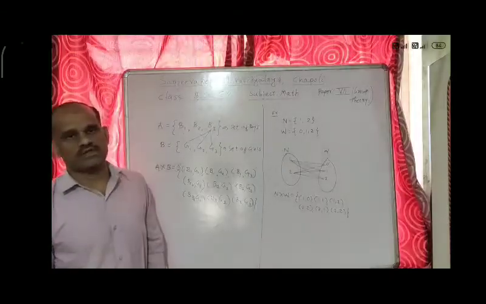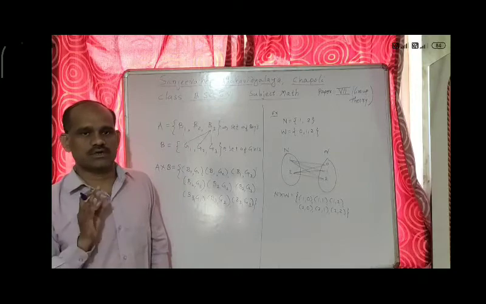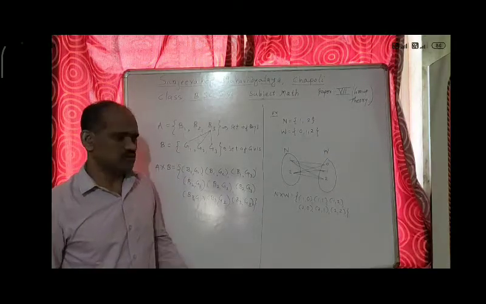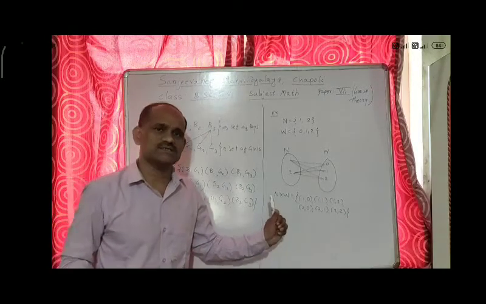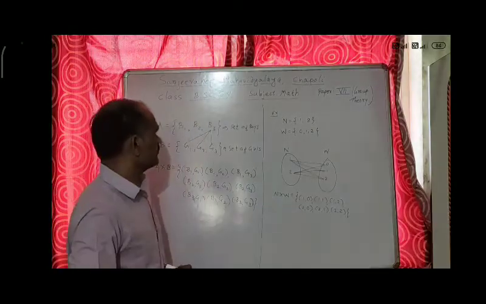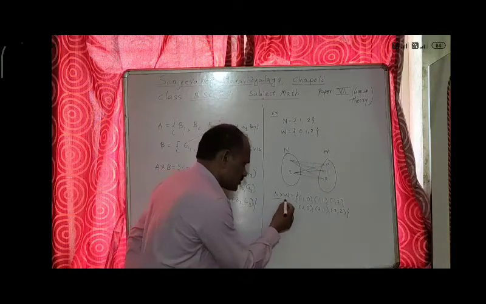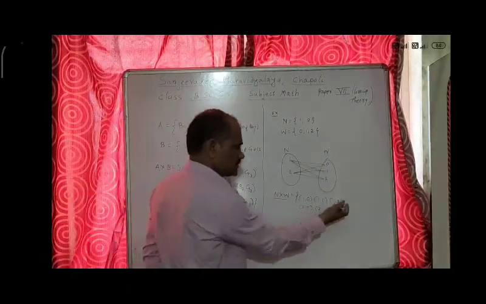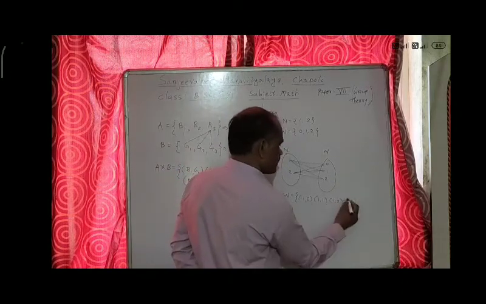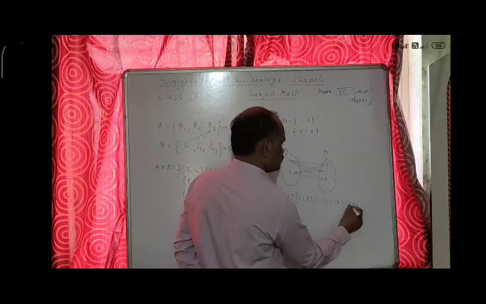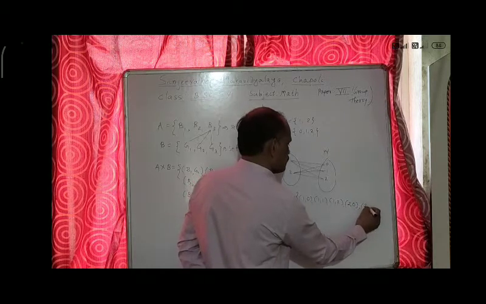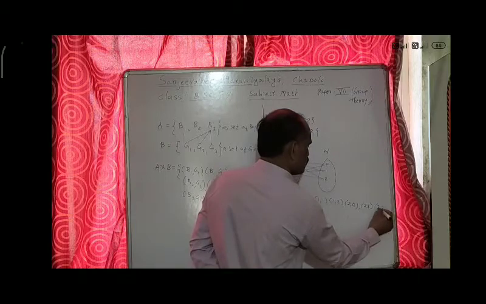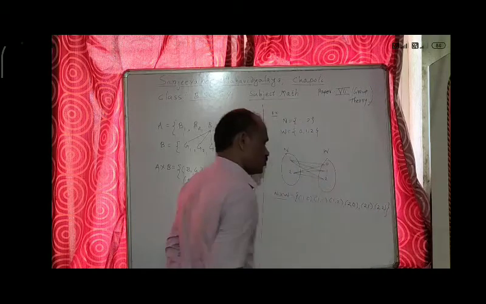So this is N cross W, the Cartesian product, or we say the cross product. So we get the Cartesian product N cross W equal to this. I can write this line before this: (2, 0), (2, 1), (2, 2).